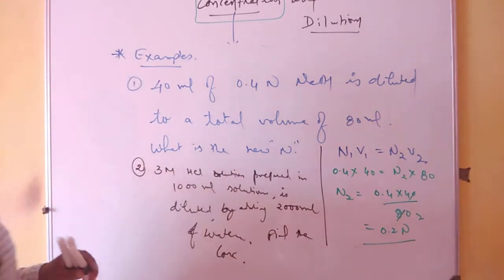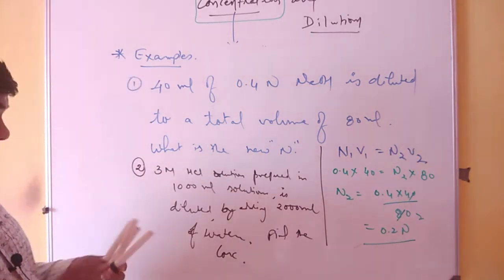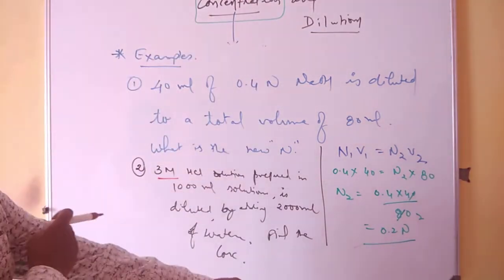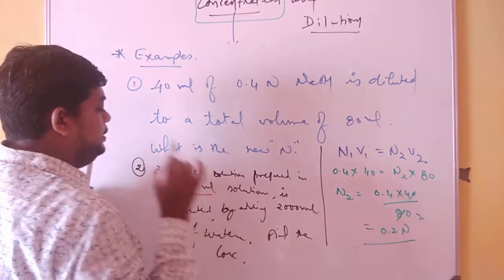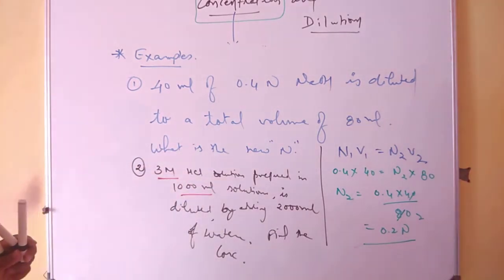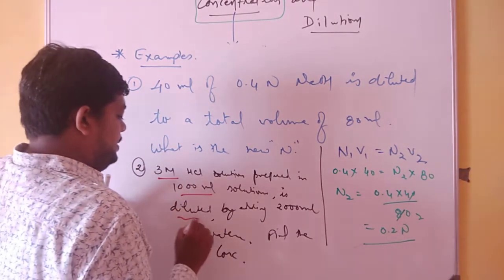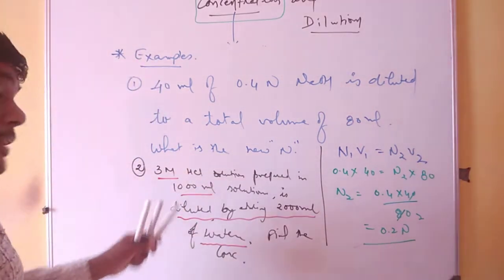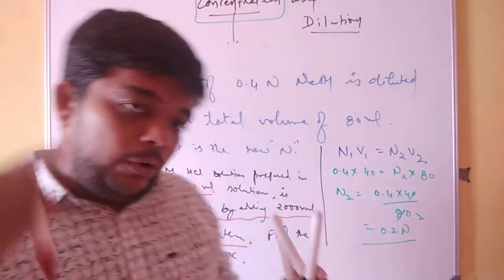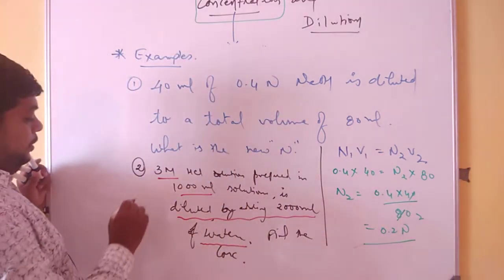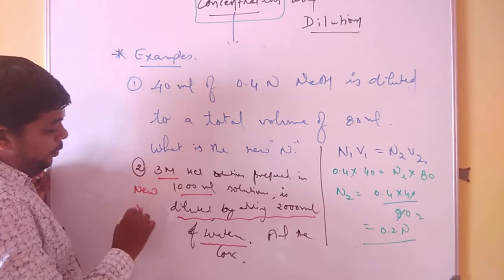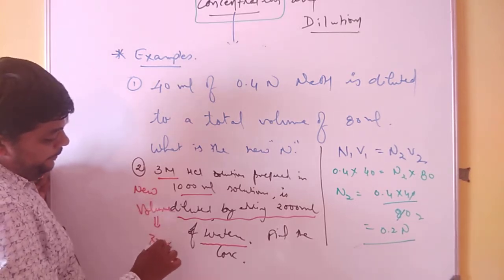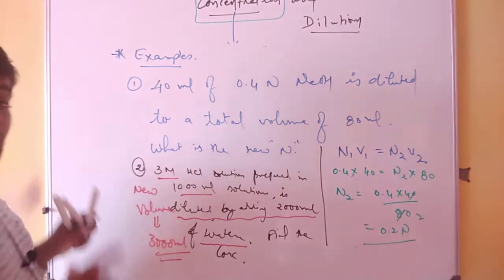See, over here, be very clear with what you are asked. You know the initial molarity, that is 3 molar, and the initial volume, that is 1000 ml. Now be very clear, diluted by adding 2000 ml of water means to this 1000 ml you are adding 2000 more, so the new volume is now 3000 ml.